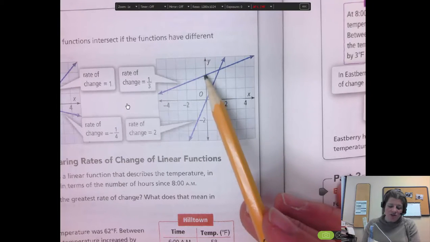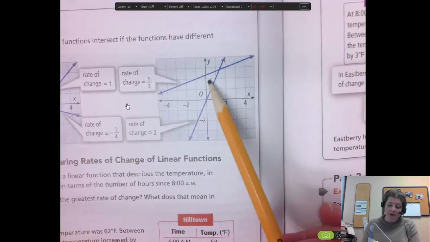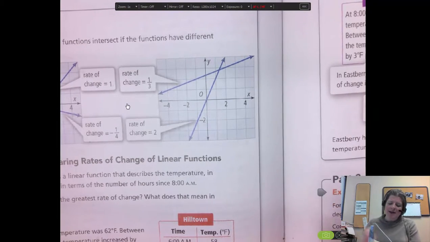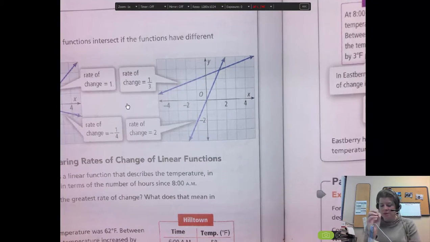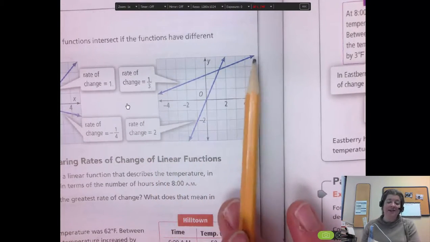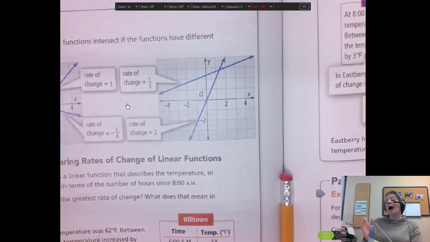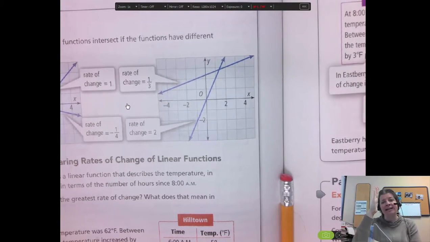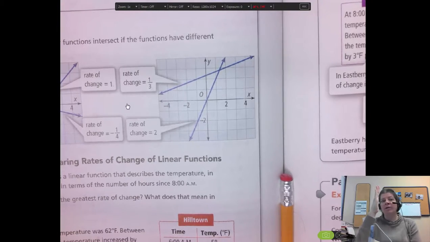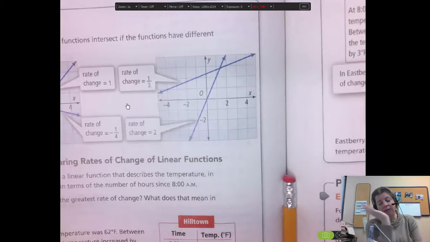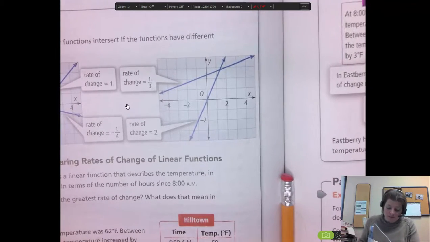It starts way up here at maybe 2.4, not quite a half. This one starts at 0. So we have different initial values, but also the fraction makes it flatter. And so the higher your rate or your slope, the steeper your line is. And the closer to 0, the more horizontal it gets. If it hits 0, it is horizontal.